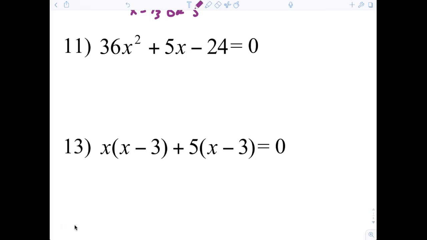Good, because that was the hard one. This one's so hard. Some of you, look, I'm telling you now. Now, listen, 11 is really hard. It's not 18 and 2. And again, part of it is the struggle to try to figure things out.